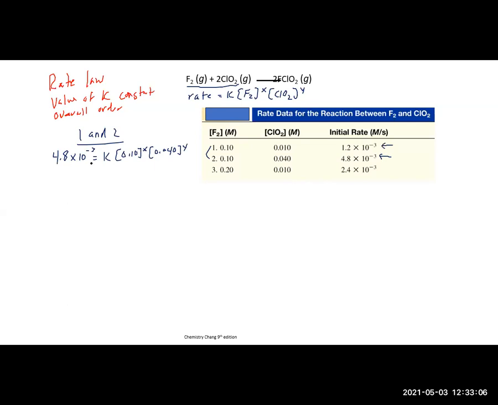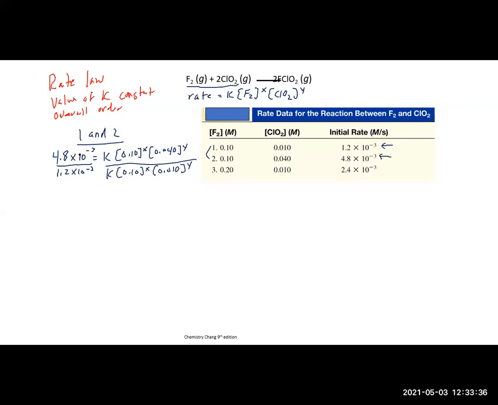I'm going to put that rate on the bottom, which is 1.2 times 10 to the minus 3. Again, on the bottom here, our K, 0.1, which is what we kept constant, and our 0.01, which we varied. First off, any questions on that setup? That's that rate 2 over rate 1 idea we were looking at.